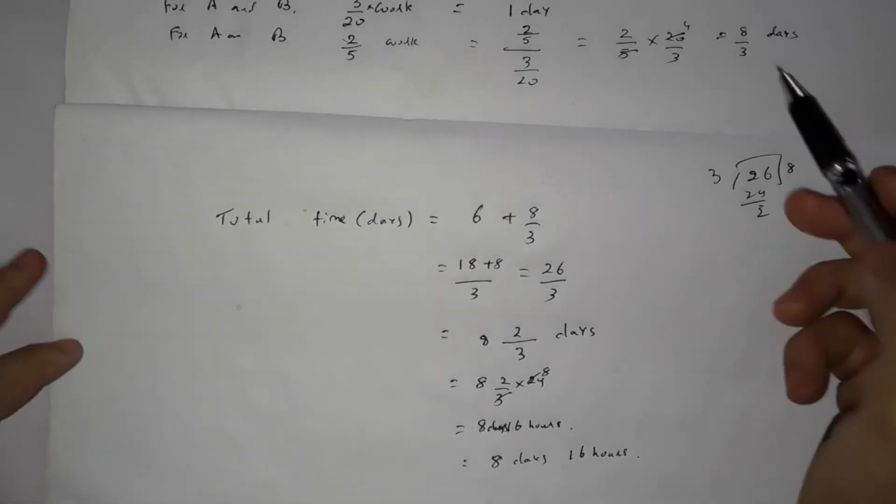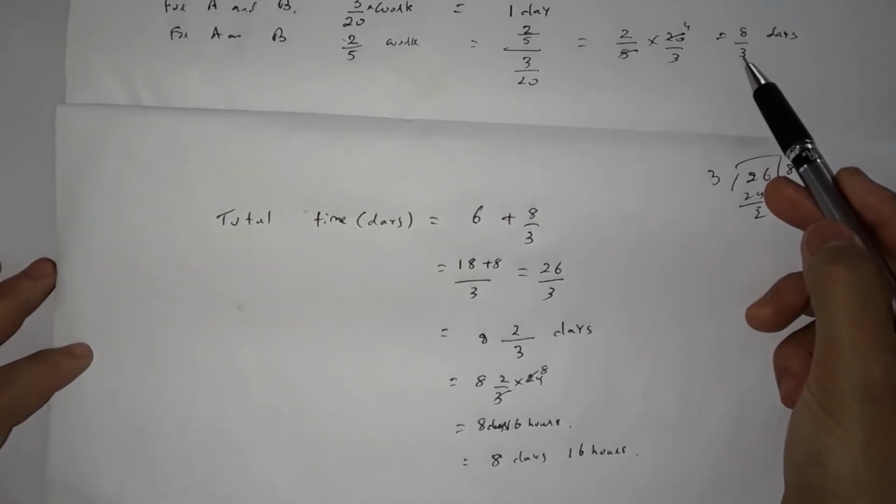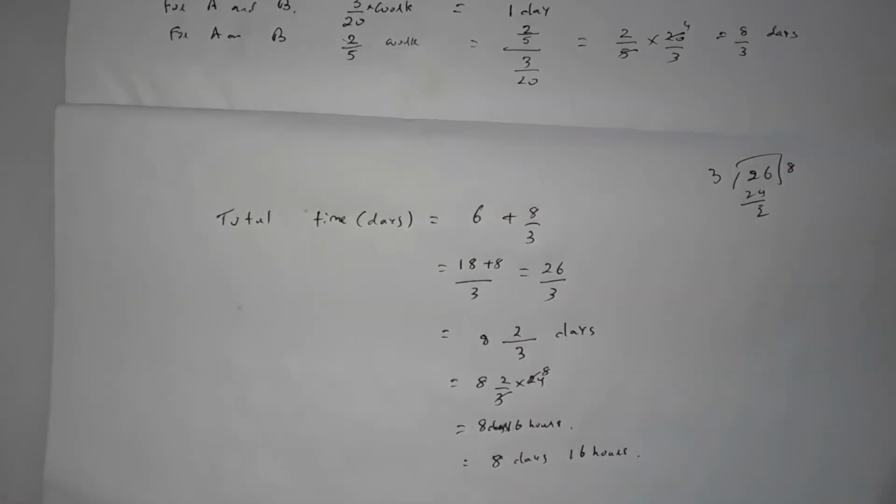That means 8 by 3 days completed by A and B first, okay? 8 by 3 means how much? 8 by 3 days completed by A and B first.